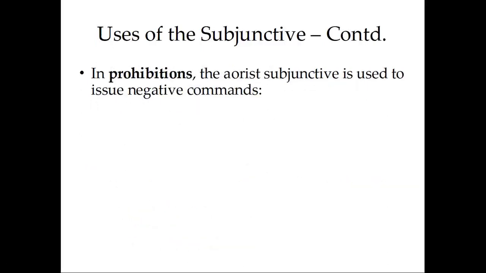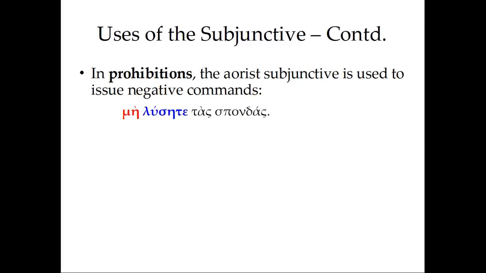We also see the subjunctive used independently in prohibitions. And here we only see the aorist subjunctive used to issue negative commands. So, mē lusēte tas spondas. Here, ēte is the second person plural subjunctive ending of the verb luō. This is, again, an aorist, and it's a negative command in the aorist. So actually we have to use the subjunctive.